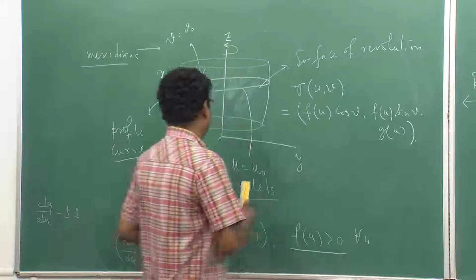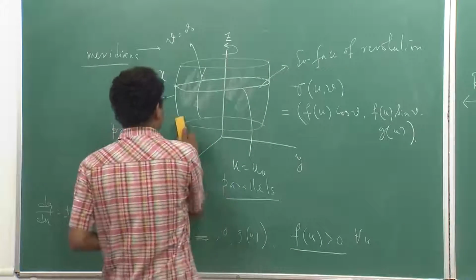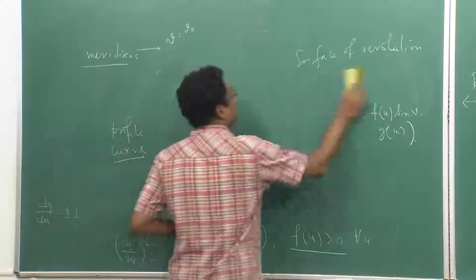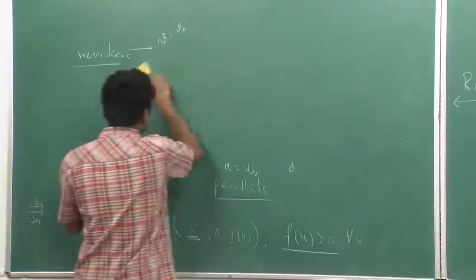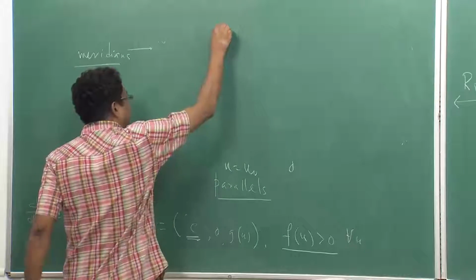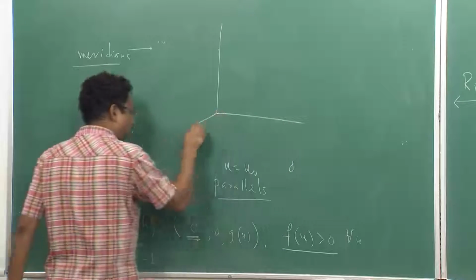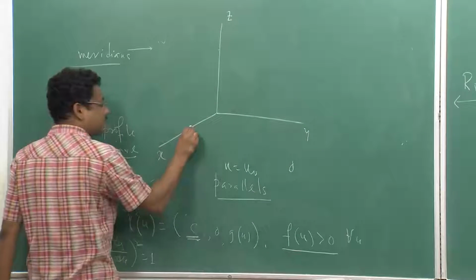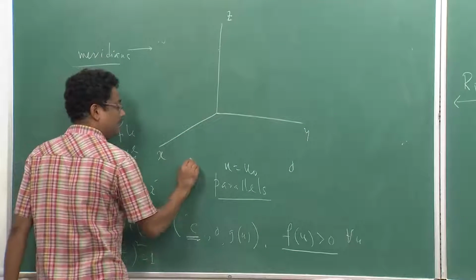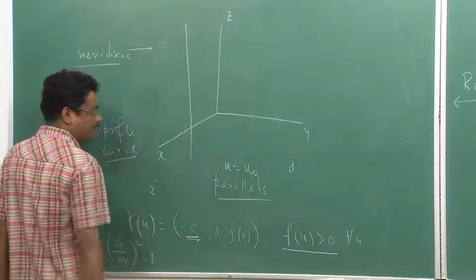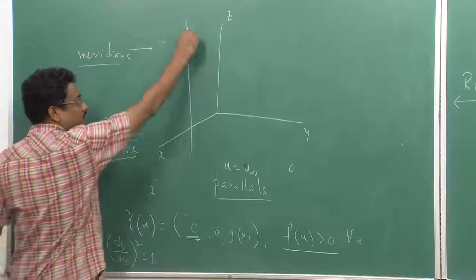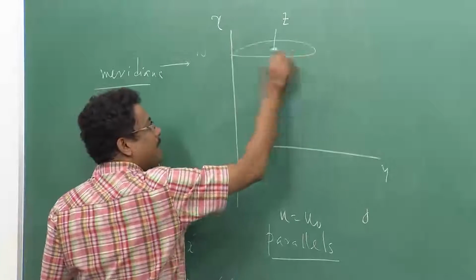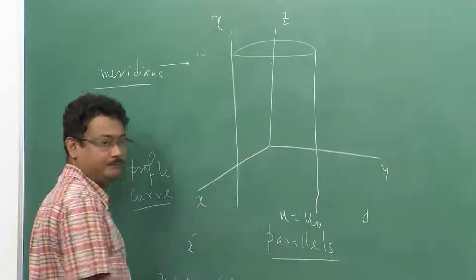So, when it is so, what will be the situation? f(u) has to be constant and g(u) has to be a straight line. So, this gamma curve has to be a line, and in that case I will get a perfect cylinder.